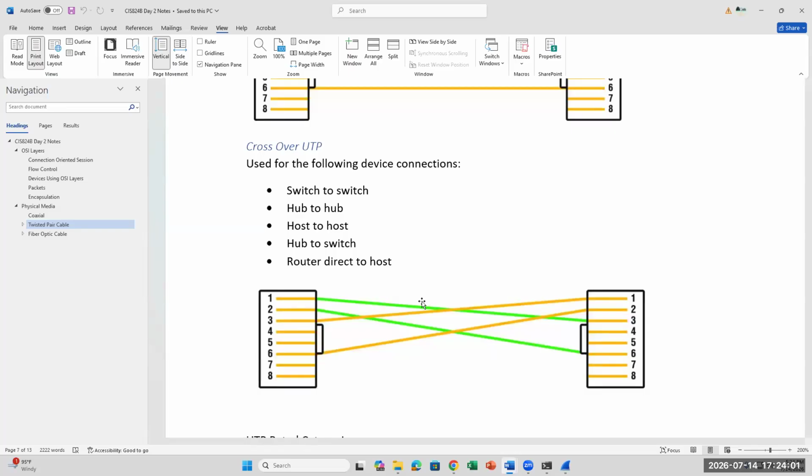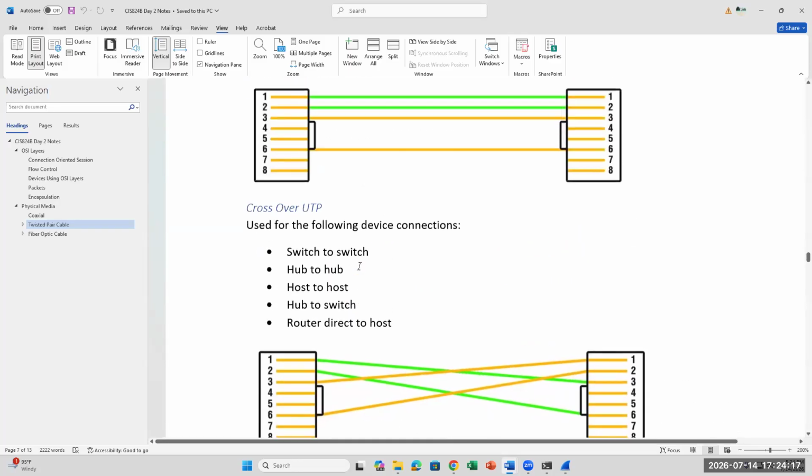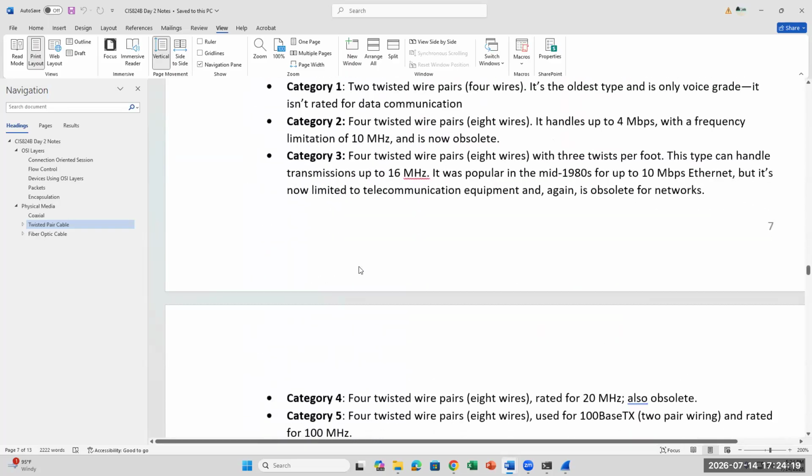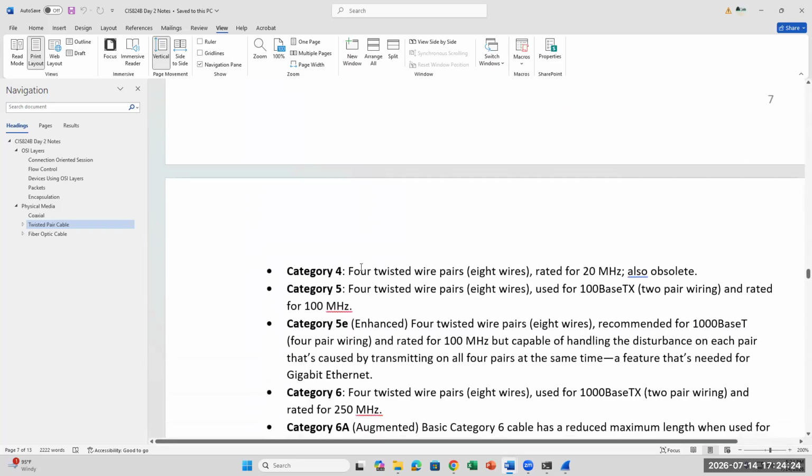So one end is going to be different than the other end. That's how the copper crosses. And your computer is really designed to send signal this way, computer to computer. Okay. This is standard B and standard A. And A+ asks about this also.